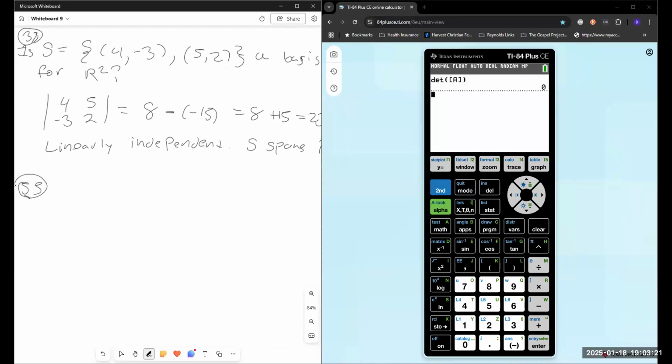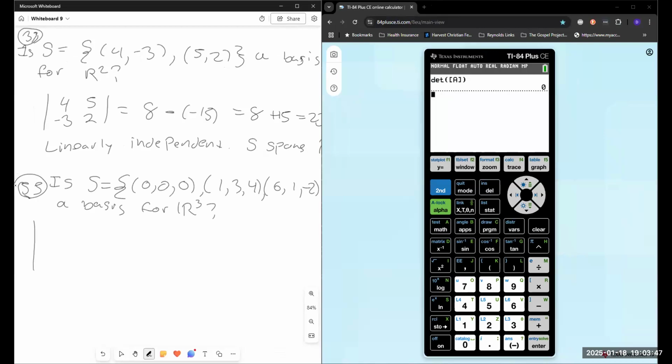Number 55 asks, is S equals the set 0, 0, 0, 1, 3, 4, 6, 1, -2 a basis for R3?